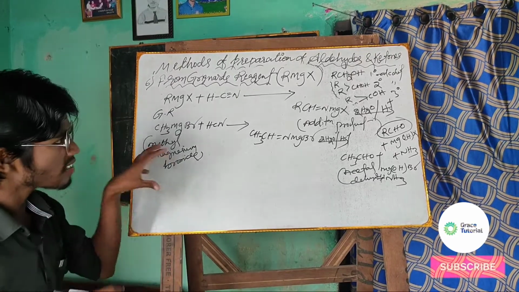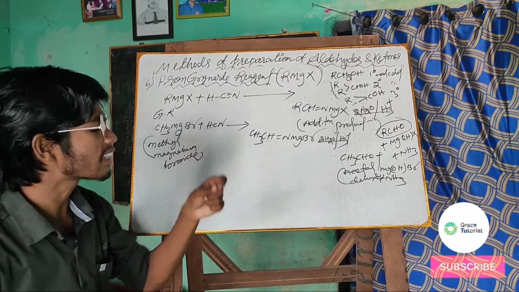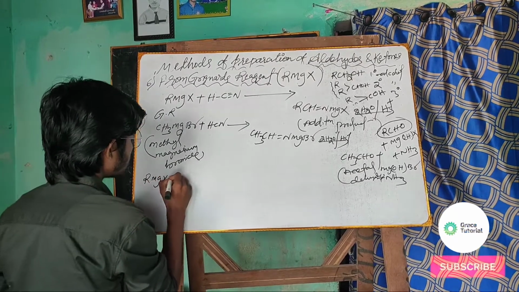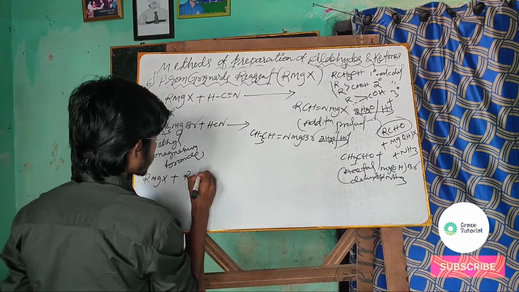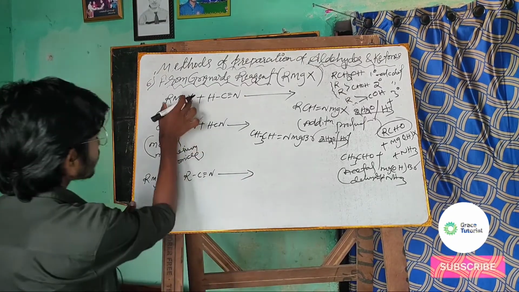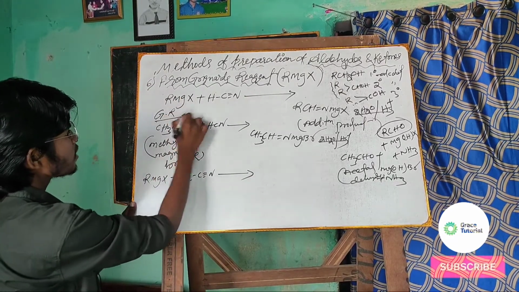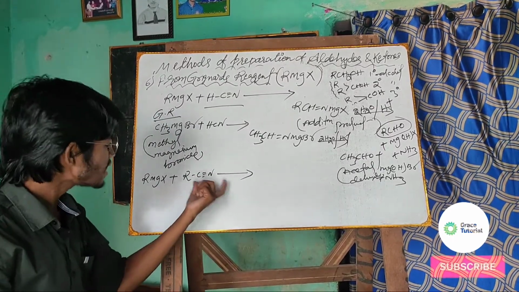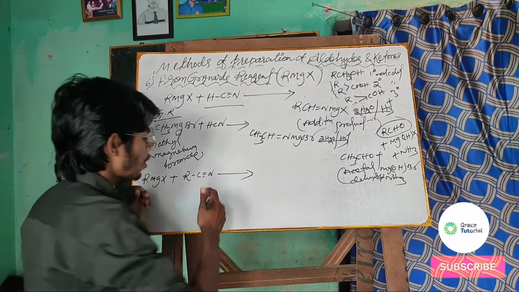But using the same method, how can we prepare the ketone? Suppose I have the Grignard's reagent RMgX. When this RMgX reacts with RCN, that is alkyl cyanide, or we can say a nitrile group, right? Here the Grignard's reagent reacts with alkyl cyanide, not HCN.